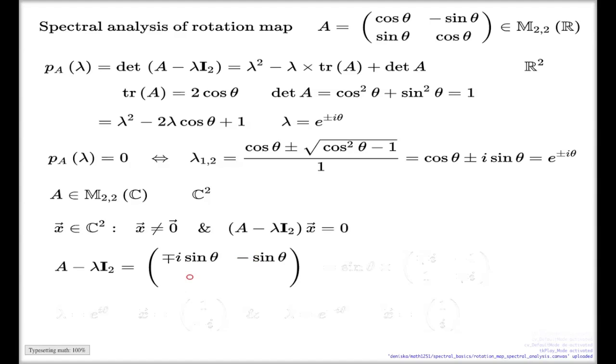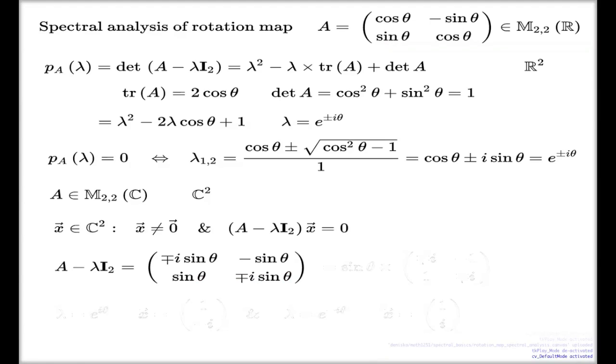And here you got negative sine theta from this entry. Now you got sine theta, and here will be minus plus i sine theta. So you see I'm combining two analyses in one line by using plus and minus or minus plus. What I'm saying here is that for plus here, you have to choose minus here, and for minus here, you have to choose plus here. That's why it's in the opposite order.